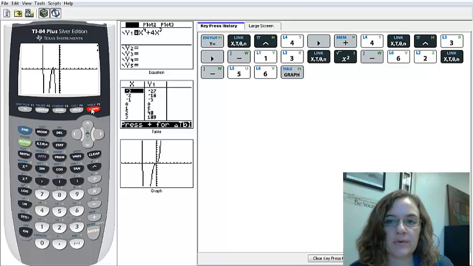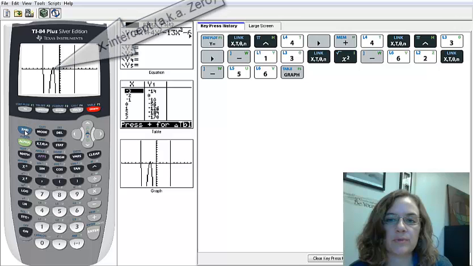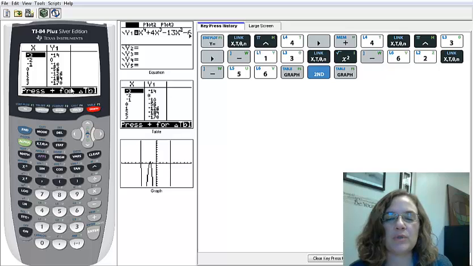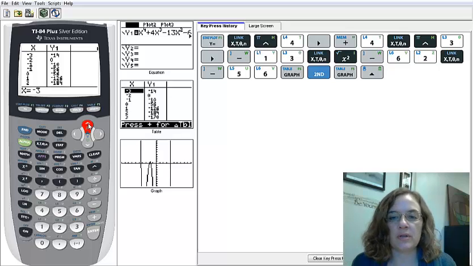Here is the graph. We have 4 zeros: 1, 2, 3, and 4. But only two of them show up as integers.